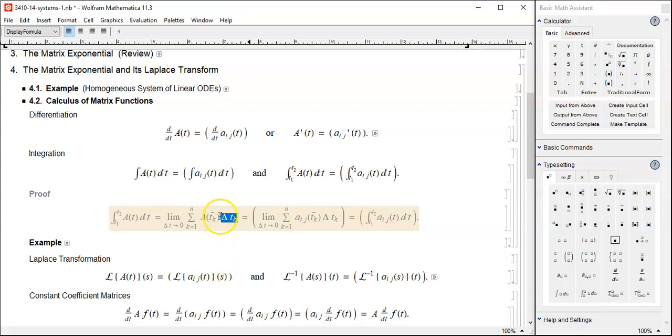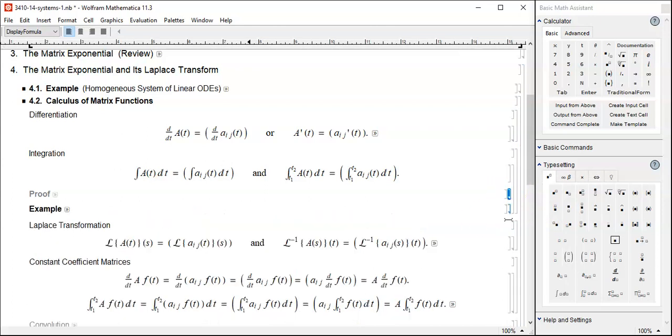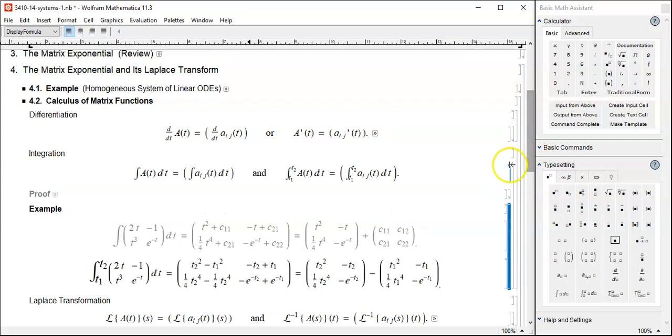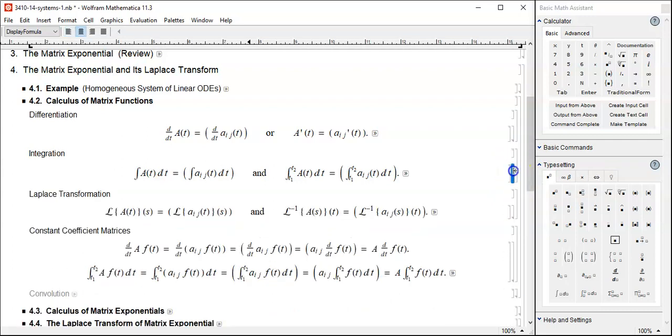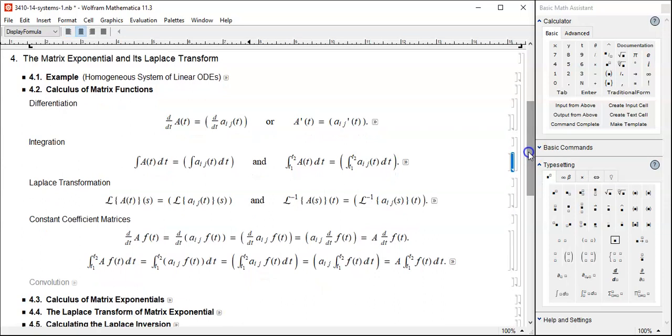And as for the summation here, again that applies to each entry. So at each entry, we have Riemann sum. So upon taking the limit, delta t going down to 0, we get the definite integral at each entry. There goes the full proof. The hard part is the Riemann sum part. The proof part is not too bad, as a matter of fact. The matrix part is never too difficult.